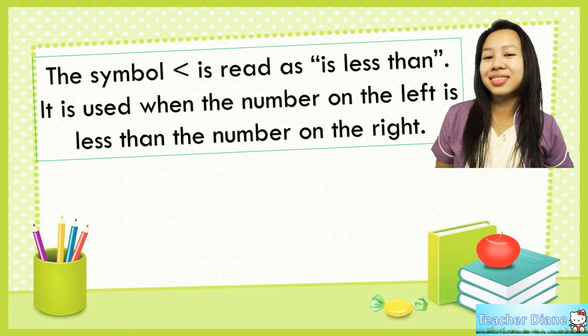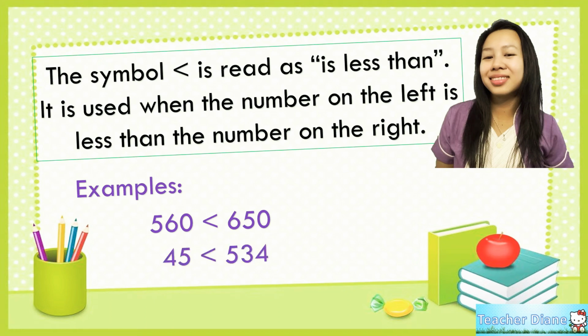The symbol is read as is less than. It is used when the number on the left is less than the number on the right. Examples: 560 is less than 650. 45 is less than 534.